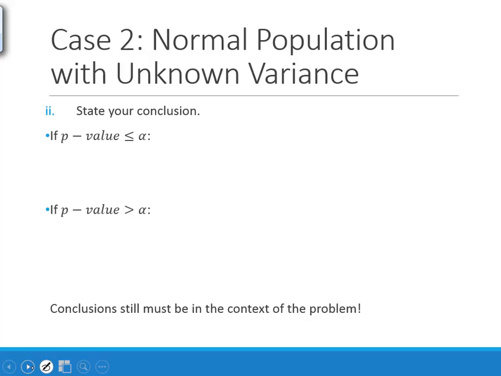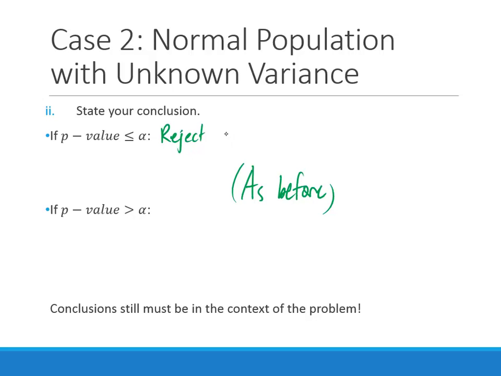Okay, and the conclusions are going to be sort of as before. When the p-value is less than alpha, we're going to reject the null hypothesis, and when it's bigger than alpha, we will fail to reject. So the only change here is in the calculation of your test statistic and how you find a p-value.